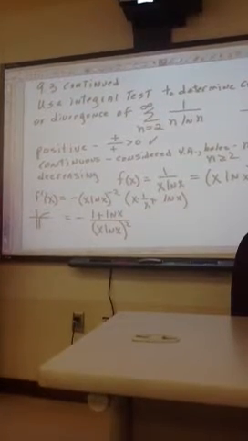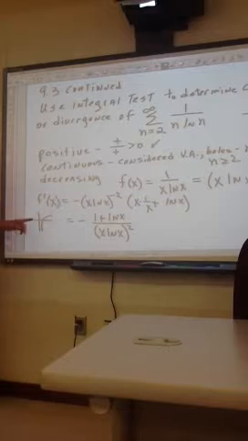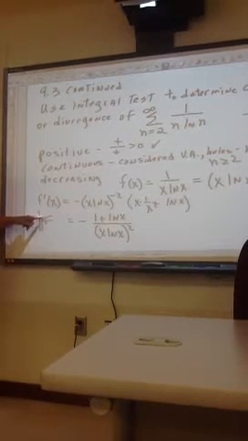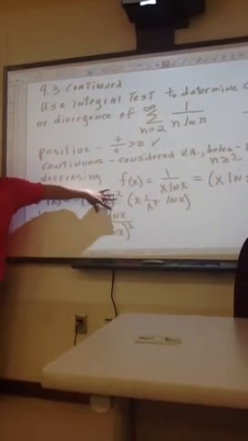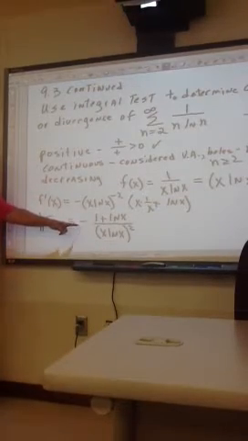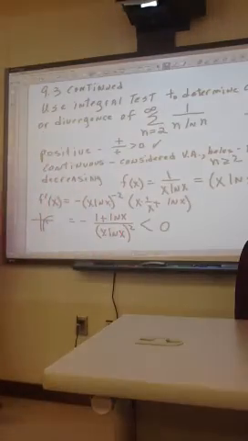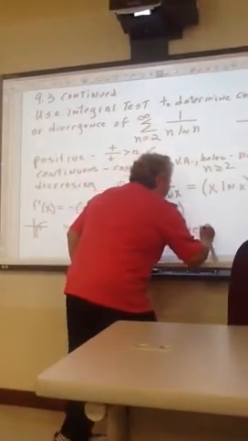We're moving it up 1, which made it even more positive for the parts that we're looking at. So here's where we cropped it off, but this plus 1 moves it up. So this is positive, this is always positive, and that's going to make it negative. So we can make the argument that that thing is less than 0, and therefore it is decreasing.